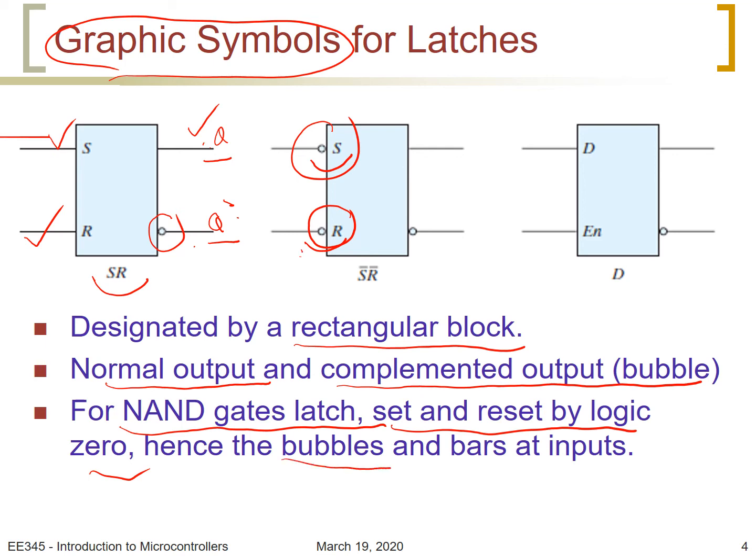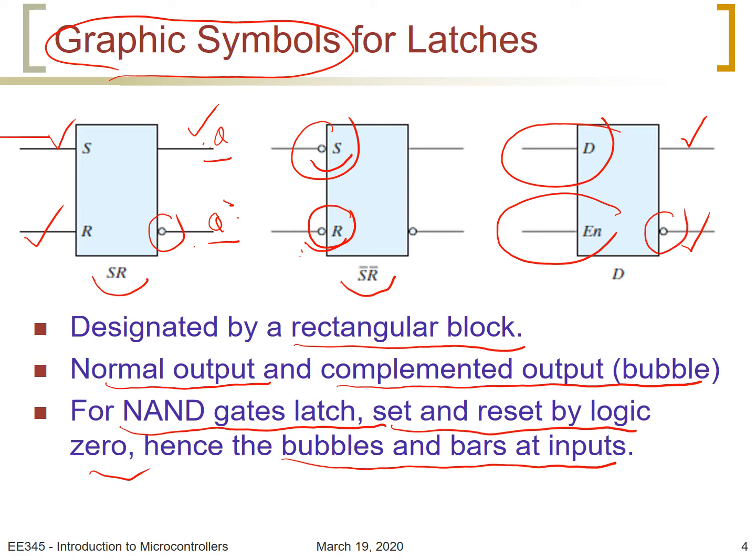Therefore, bubbles and bars at the inputs designate the complement, negative. So we call it S bar R bar latch. The last one is the D latch, which has one data input D in addition to the enable input. Again, two outputs, one for the normal output and one for the complemented output with the bubble.